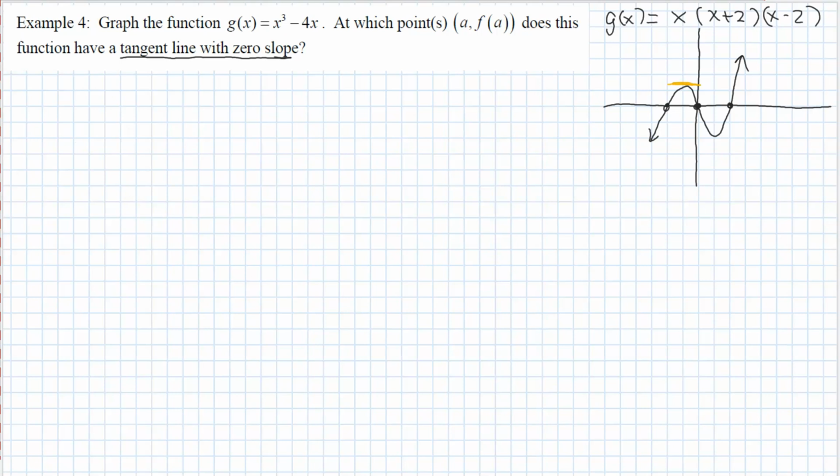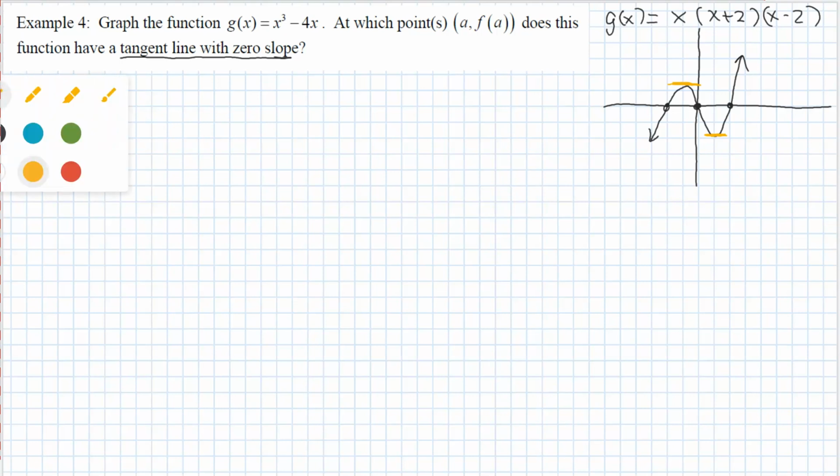And does it make sense that it's right there and right here? So it would be at negative something in between -2 and 0, and then the other one in between 0 and 2, right? So here are when the slope would be 0, meaning you have horizontal tangent line.